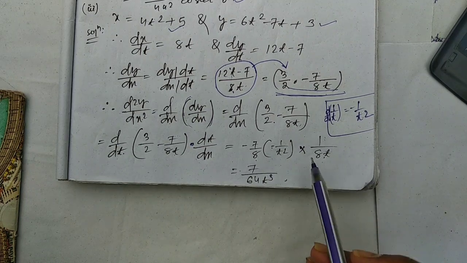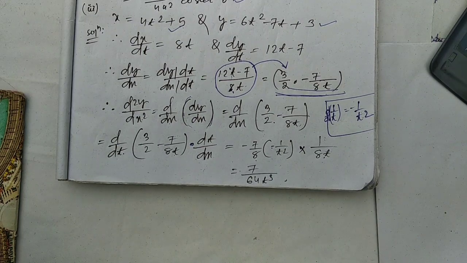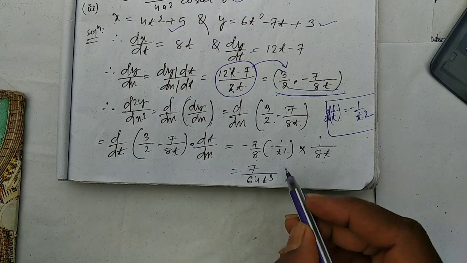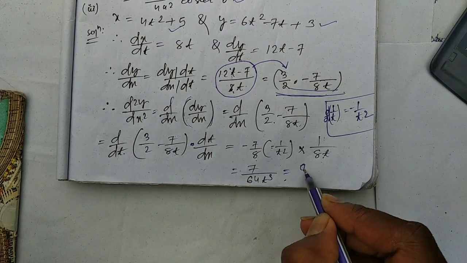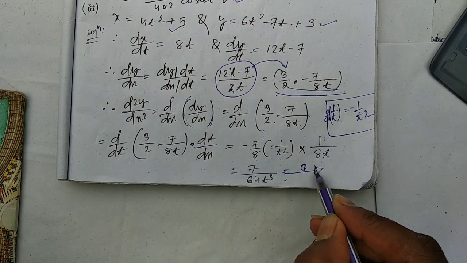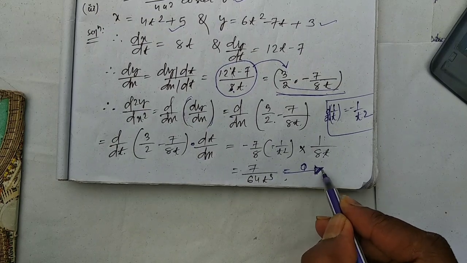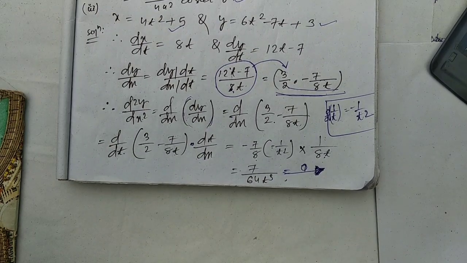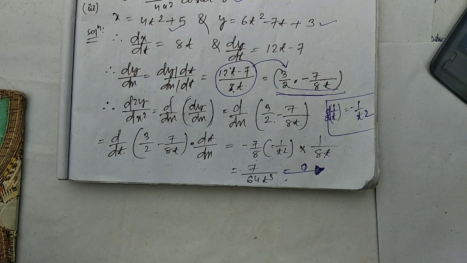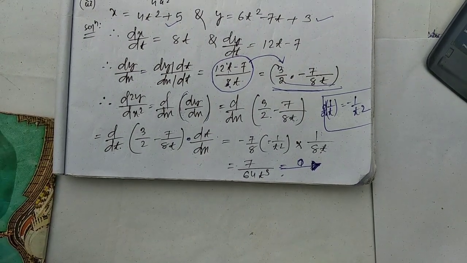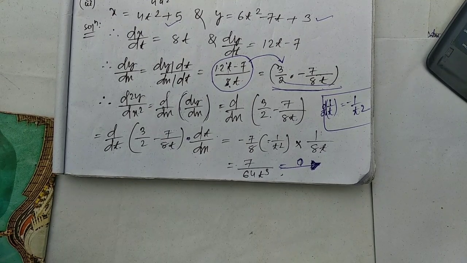On simplification we are getting 7 by 64 t cube. This will be our final answer. Okay, so this is how we have to obtain second order derivative when the initial function is given in parametric format.